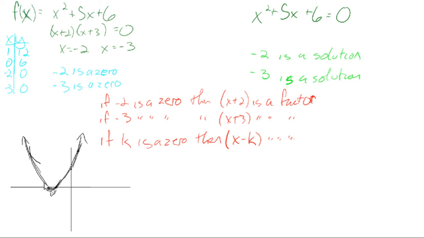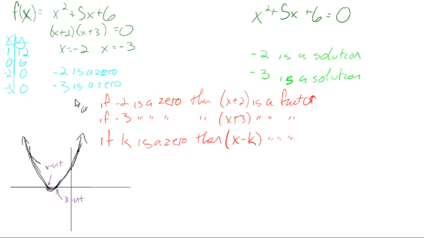And what we see here, right here and right here, are the places where the graph intercepts the x-axis. Those are called the x-intercepts. And where do we see the x-intercepts?